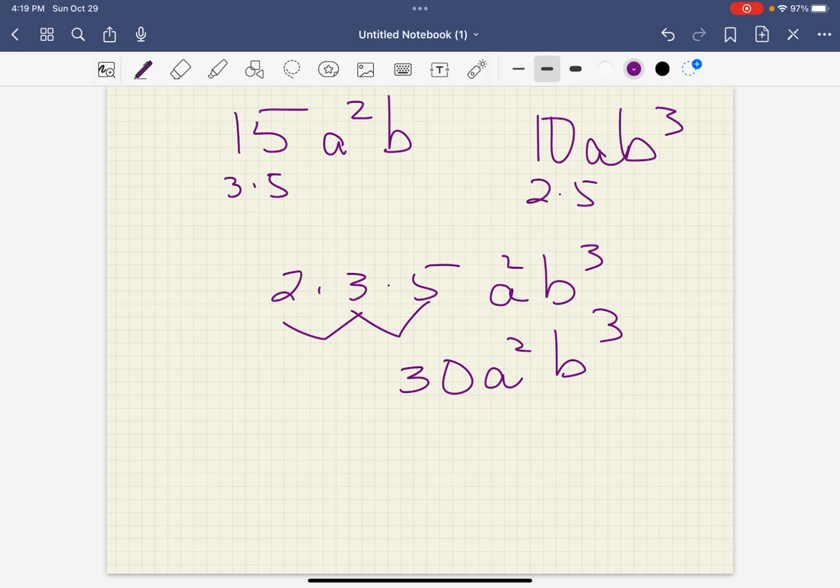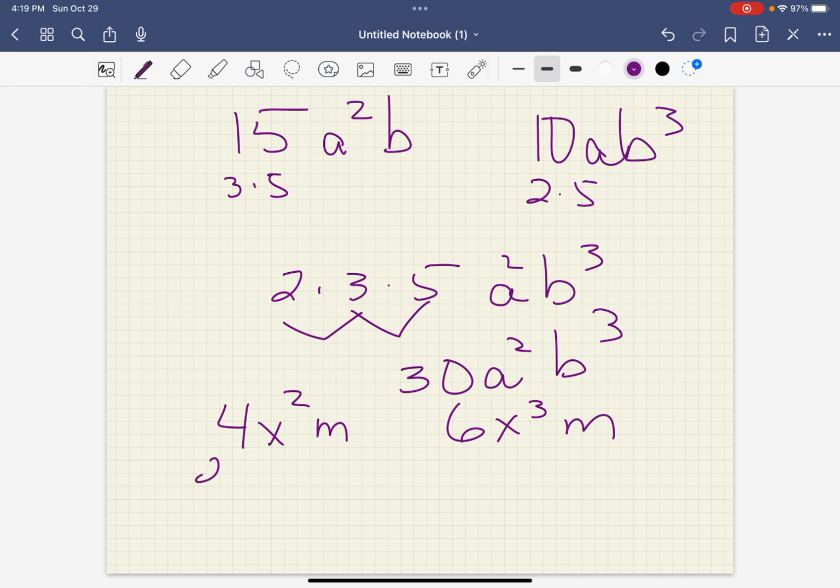Okay. Next, we have 4x squared m and 6x cubed m. Well, you probably know that the least common multiple for 4 and 6 would be 12.